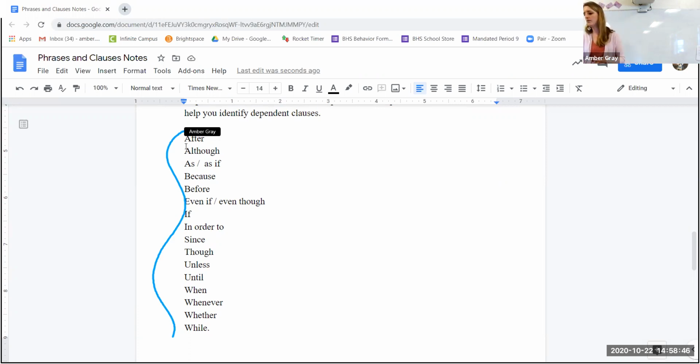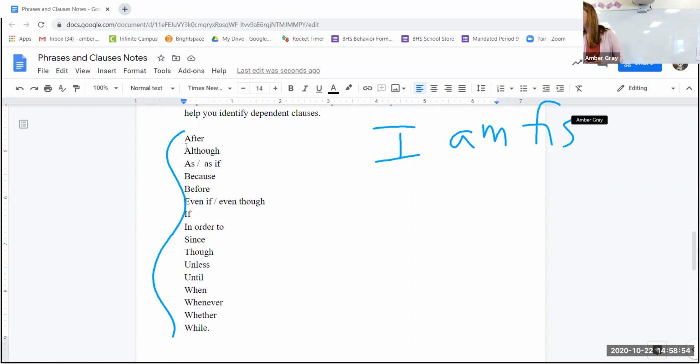So if you have the sentence, I am fishing, that's an independent clause, okay? You can easily change that into a dependent clause by adding one of these marker words.